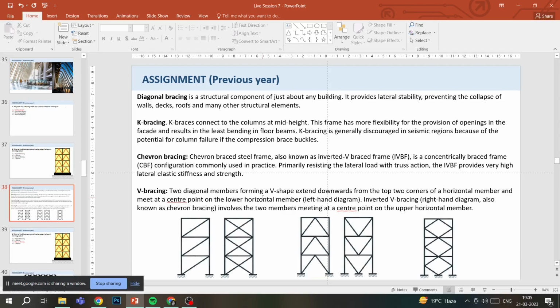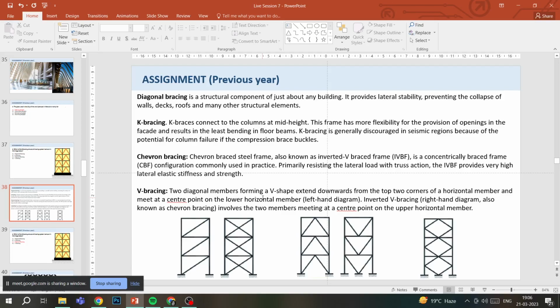Then chevron bracing. Chevron braced steel frame, also known as chevron bracing, is also known as inverted V braced frame or IVBF. It is a concentrically braced frame configuration commonly used in practice. Primarily resisting the lateral loads with truss action, the IVBF provides very high lateral elastic stiffness and strength.